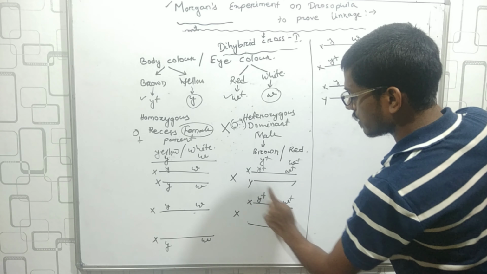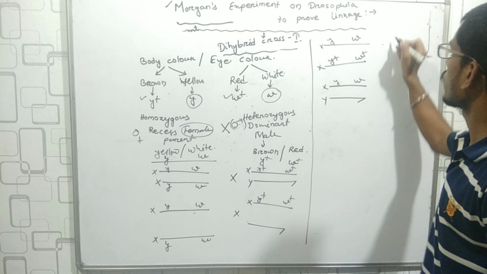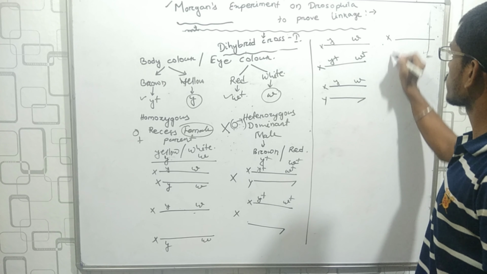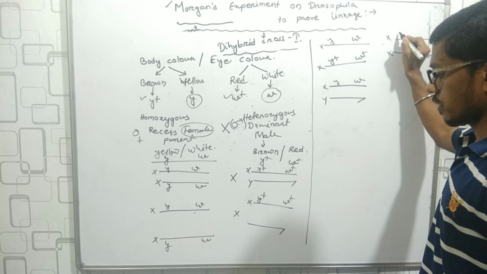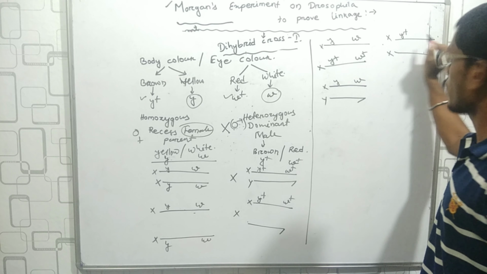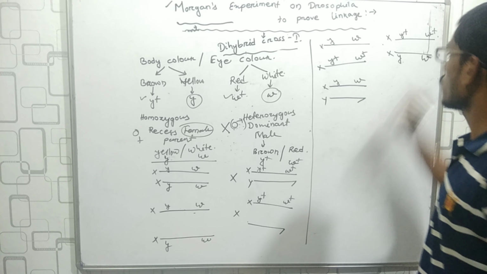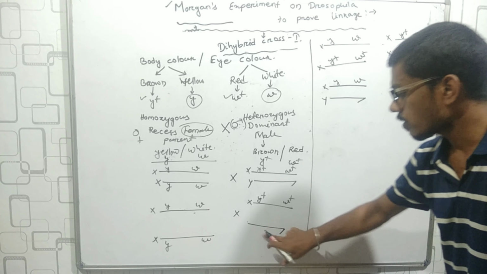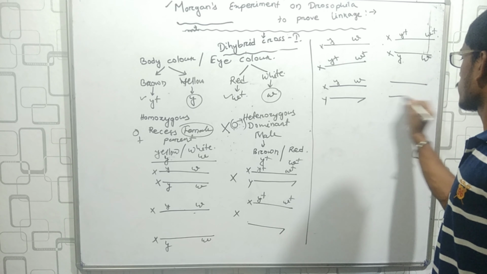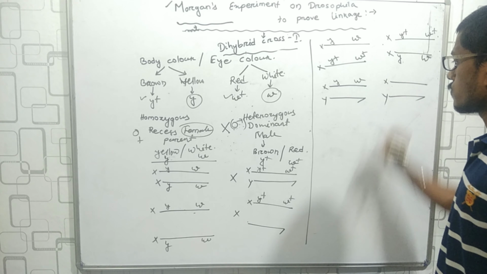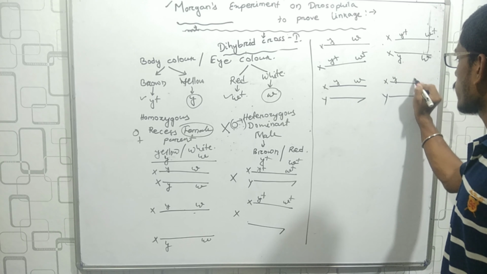If it is crossed with these, then what will be the result? X, and here this is small y plus, small w plus, and this is small y, small w. And if it crosses with these, then what will happen? This is the result: this is X, this is Y, and this is small y, small w.